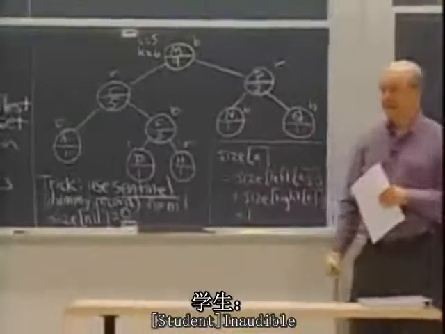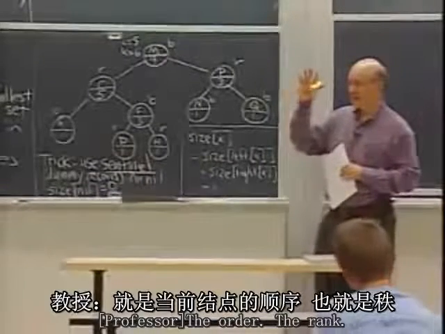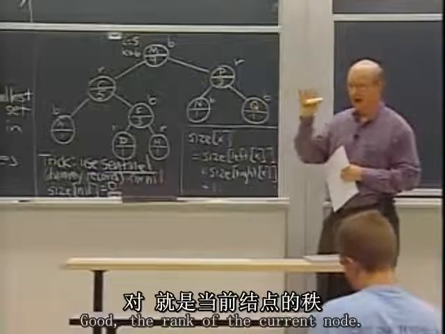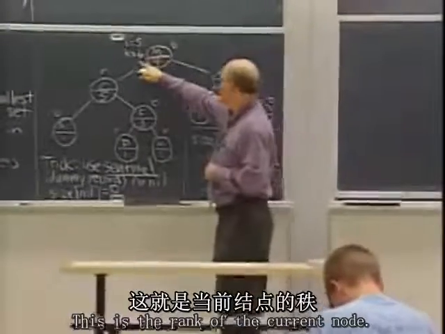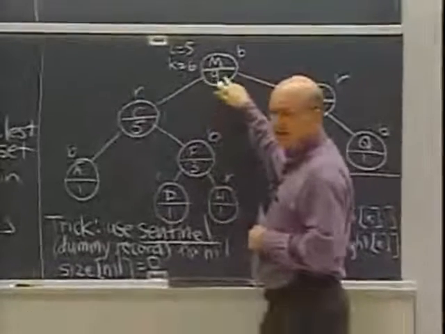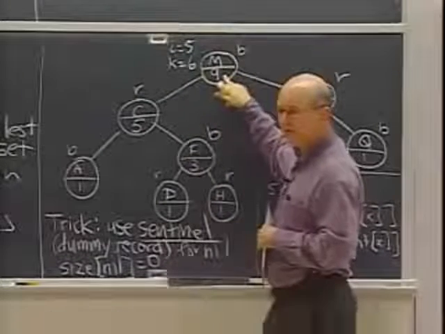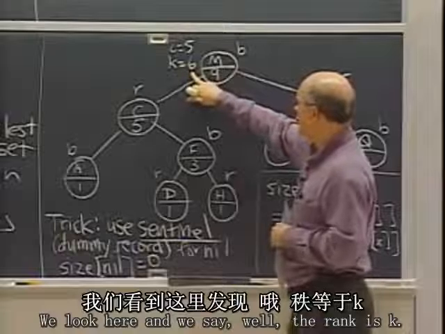It's the order of the current node. The rank. Good, the rank of the current node. So k is always the size of the left subtree plus 1. That's just the rank of the current node. So we look here and we say, well, the rank is k.